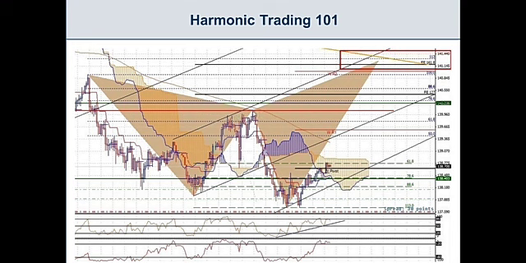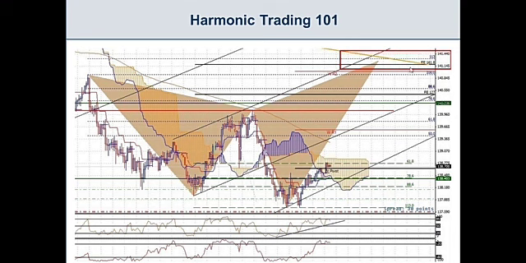Then we have the other wave to the downside that hits another Fibonacci ratio, and as you can see, the pattern is not yet complete, but when it hits the Fibonacci extension 161.8 or the retracement 113, this is your actual sell zone, and you can short this currency pair.